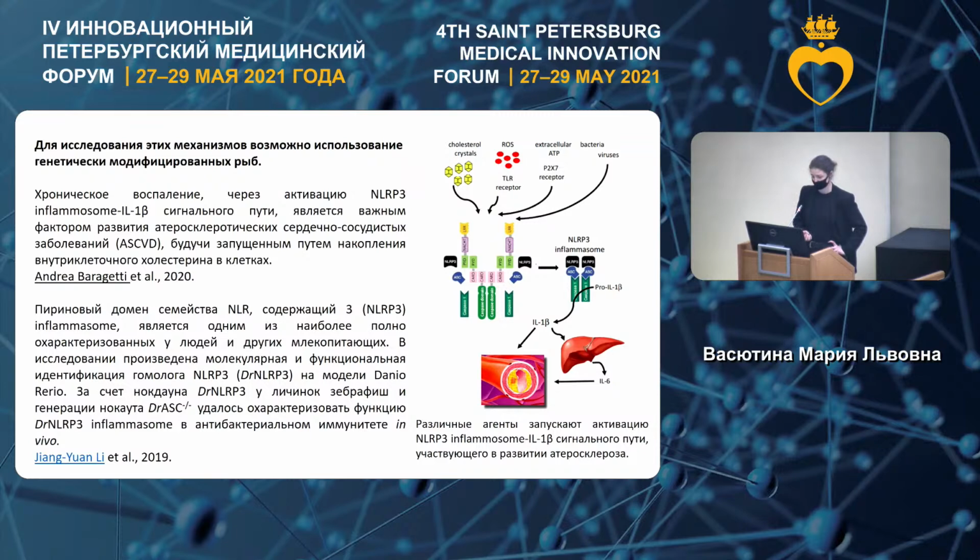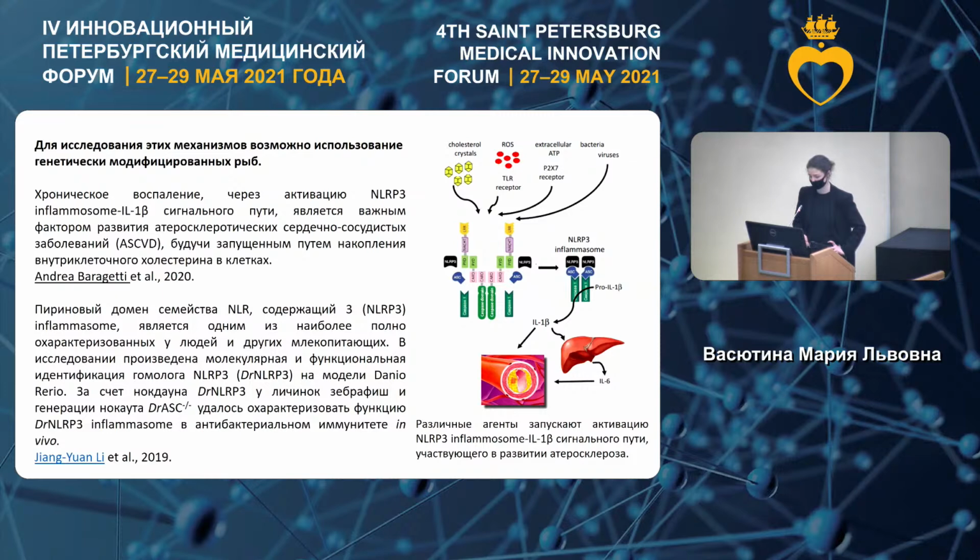The interleukin-1 beta signal route is an important factor of development of atherosclerotic cardiovascular diseases, being started by accumulation of intracellular cholesterol in cells. In the publication of Italian colleagues, manipulation of the gene responsible for the process in fish was carried out under the research on antibacterial immunity in vivo, and the pyrin domain containing inflammasome is one of the most characterized in mammals and people.